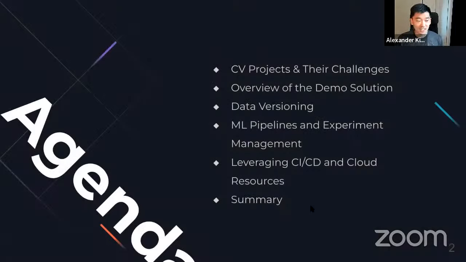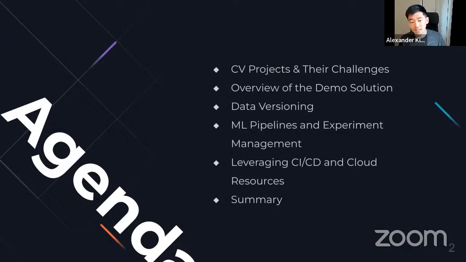As an example, the project that I've chosen today is going to be a computer vision project. There are a few reasons why I've chosen that. Quite a bit of my background is in computer vision, but also computer vision projects and deep learning projects in general are notoriously hard to execute because of the long training times, infrastructure that's needed to train these models, and all the experiment management.